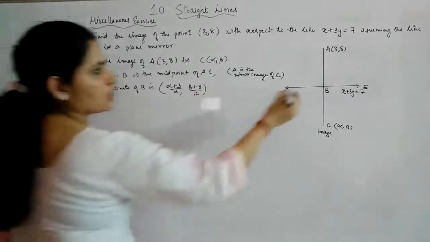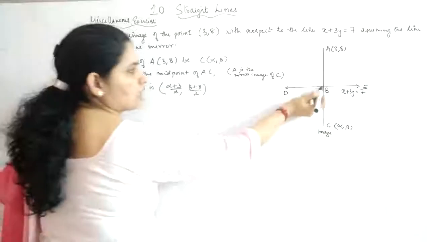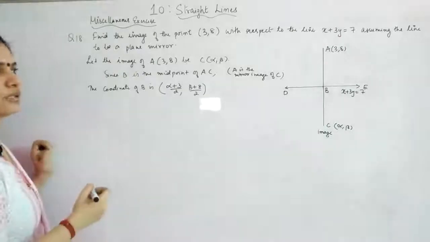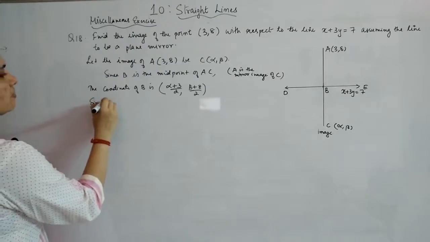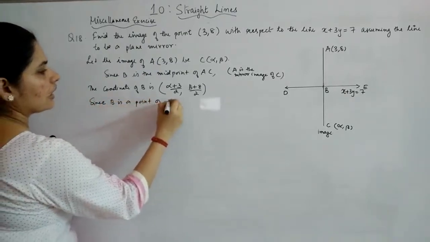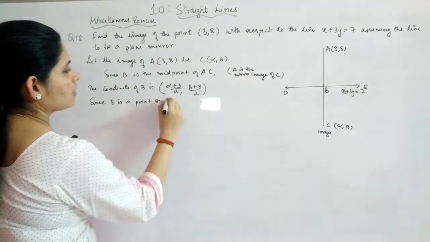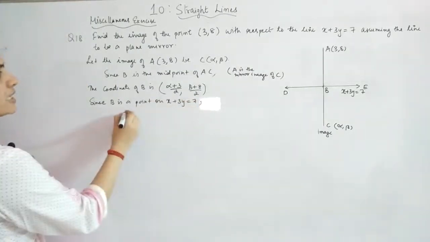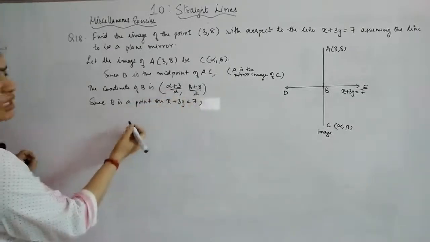That is actually a foot of the perpendicular to the line. Now again, this point B is on DE. That means this point will satisfy the equation of the line DE, that is x plus 3y equal to 7. Since B is a point on the line x plus 3y equal to 7, you can replace x with alpha plus 3 by 2 and y with beta plus 8 by 2.